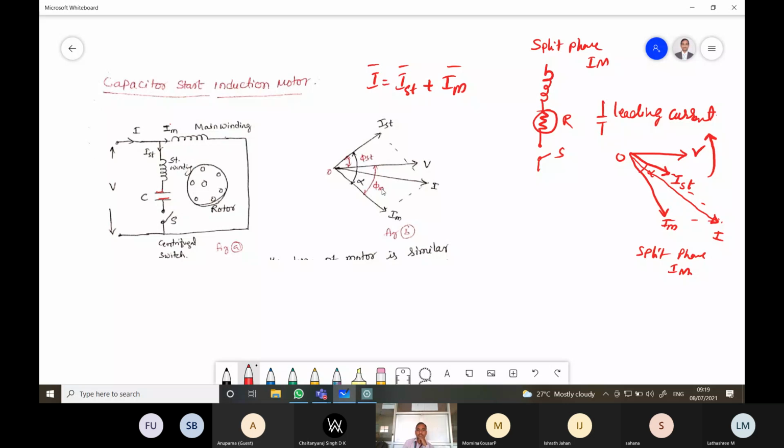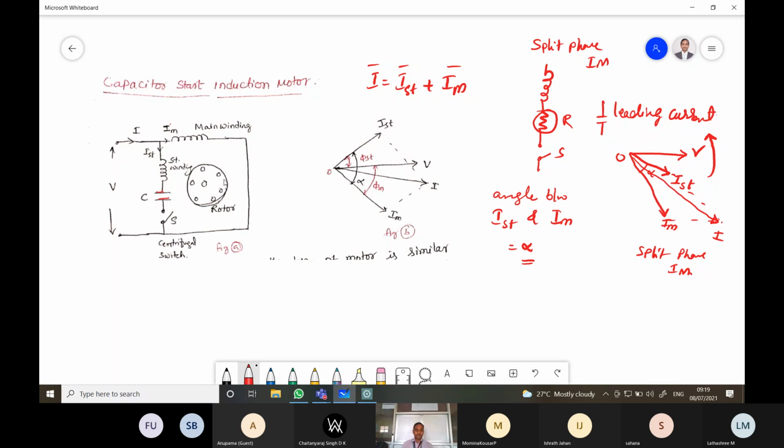So this is phi st and this is phi m. Joining these two, Ist and Im, we get the current I. The angle between Ist and Im is called alpha.